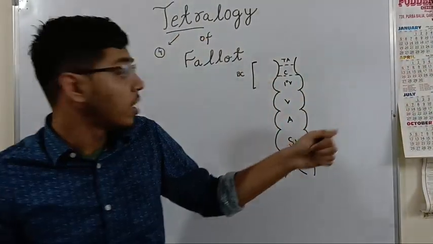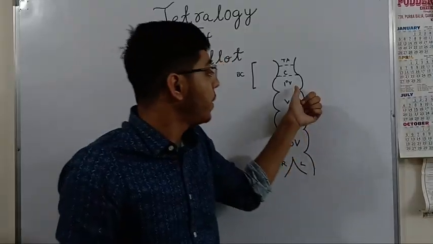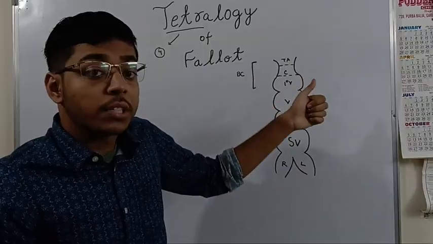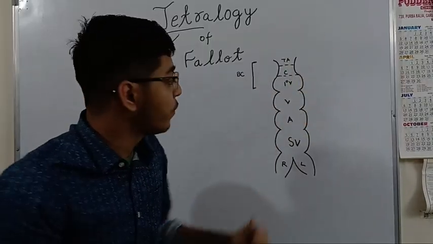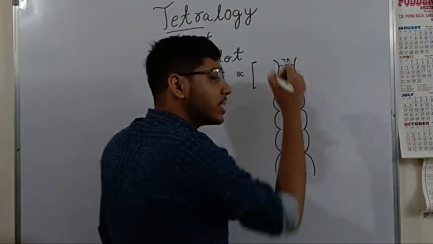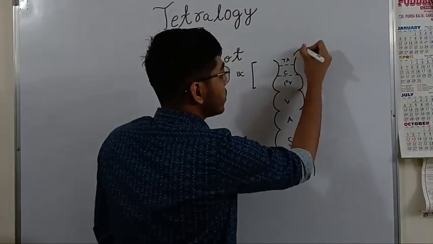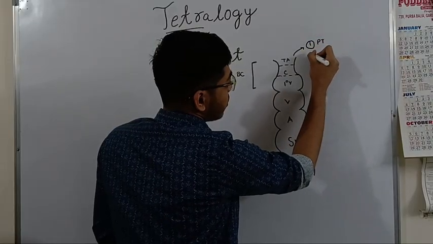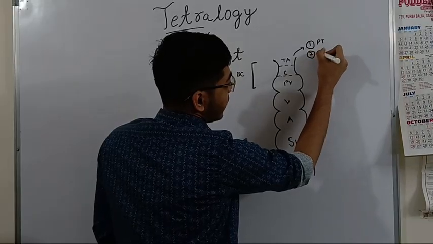The ventricle forms the left ventricle, and the primitive ventricle forms the right ventricle. The conus forms the outflow tract of the left and right ventricle. And the truncus arteriosus forms 2 structures: first, the pulmonary trunk, and second, the ascending aorta.